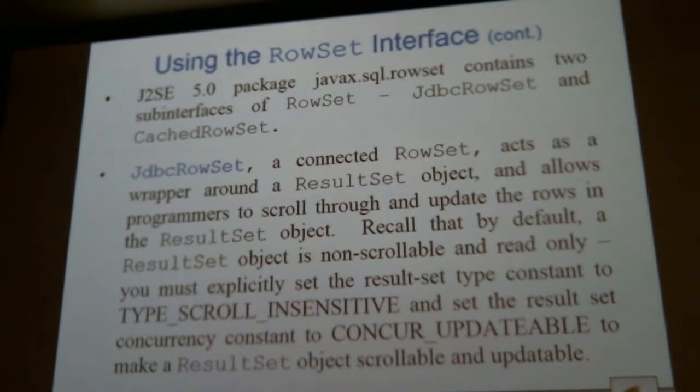It's essentially a wrapper around a result set. And it always allows scrollable and updatable result sets. So you cannot set it unscrollable, you cannot set it uneditable in this case. So that's a change in that sense, in the type of default result set that it operates around.